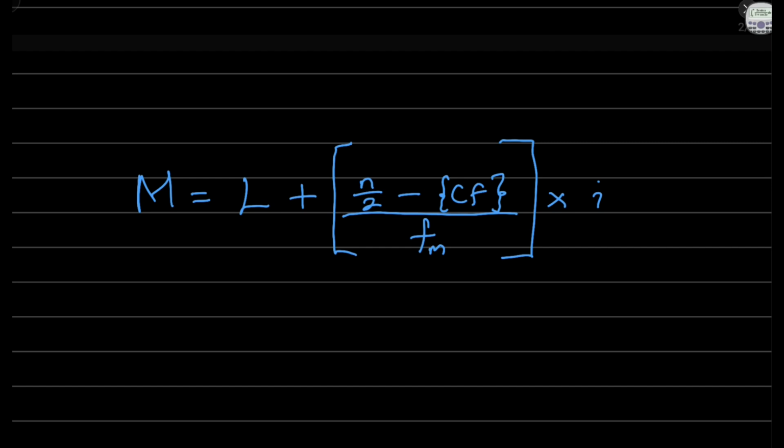So there's such a thing called the median class. N here is the total frequency. CF here refers to the cumulative frequency before the frequency of the median class. F subscript M here means the frequency of the median class, while I outside the brackets means your class interval.